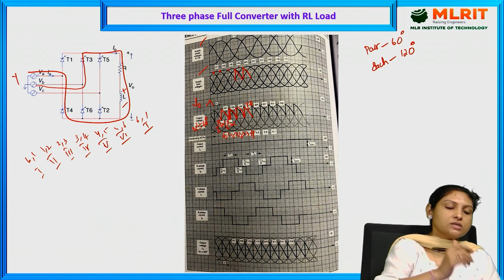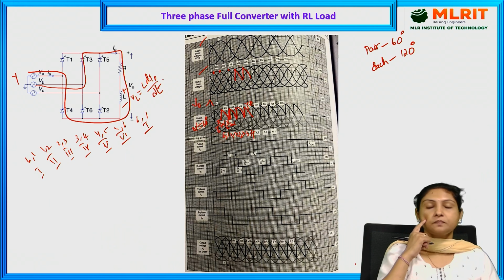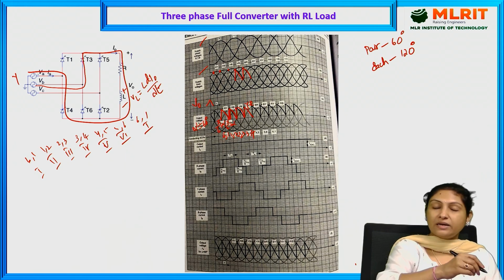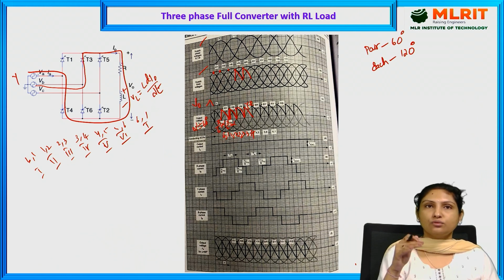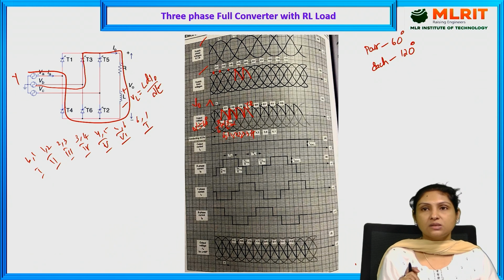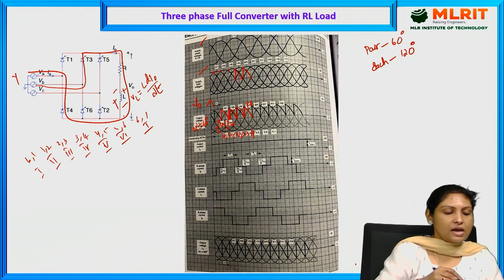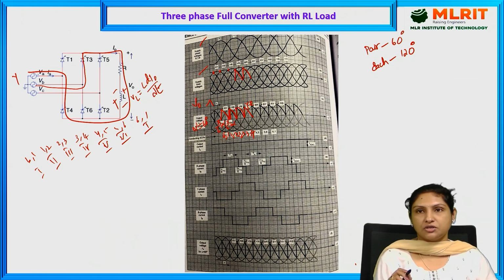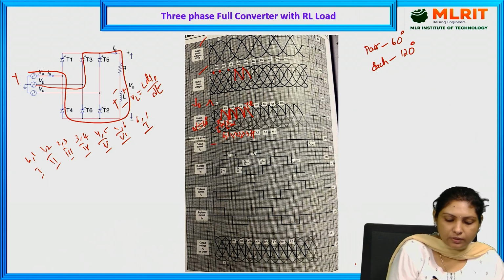The voltage across the inductor is VL equal to L into di naught by dt. The inductor does not allow any sudden changes in the current, so it tries to maintain the current flow through the load in the same direction. According to Lenz's law, it reverses the polarities and tries to maintain the devices in the conduction state. That is how, though the output voltage is 0, the output current will be continuous.